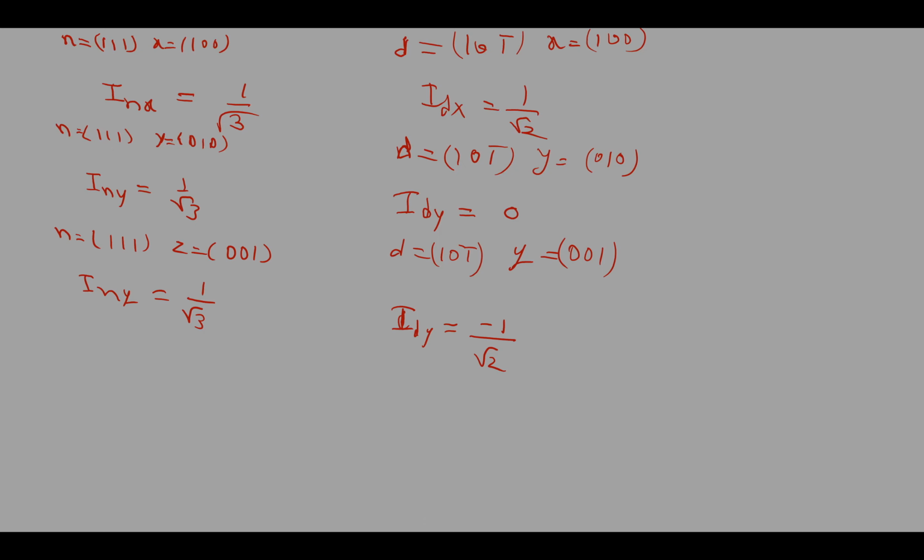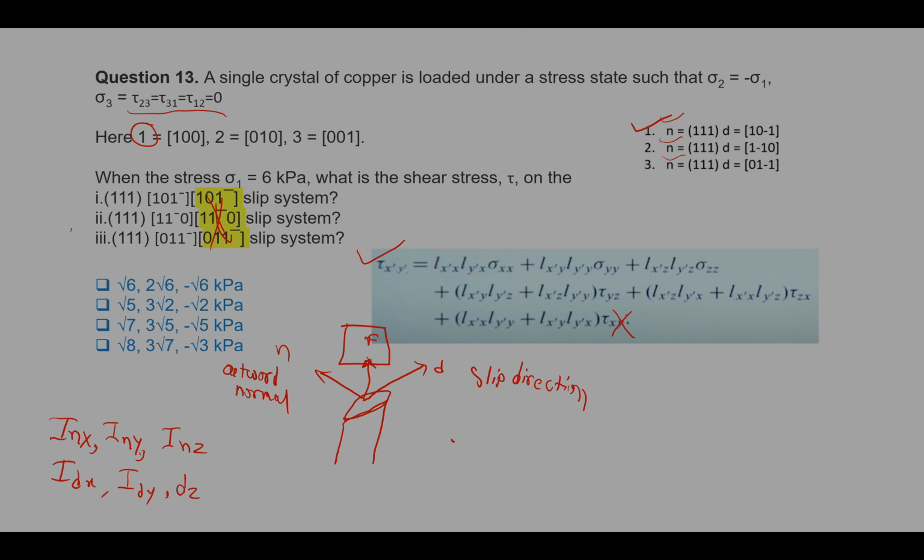Okay, so these values we have to keep in the formula, that is I n x I d x sigma xx, we can say 1 also, plus I n y I d y sigma yy, and the sigma z here there will be no shear stress, so this value will be 0, and the sigma 3 value also will be 0 since it is written here.